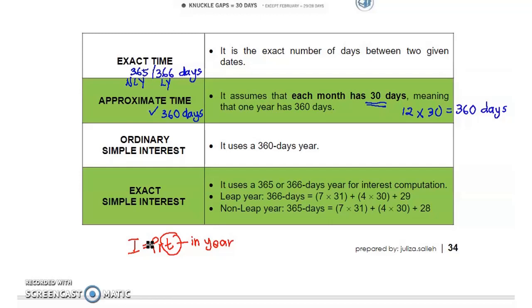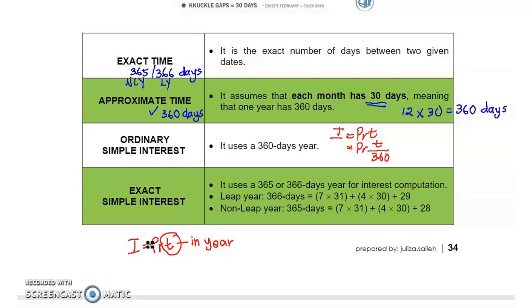Okay, ordinary simple interest, we use 360 days per year. So if you are asked to find ordinary simple interest, then value T, for example in I equals PRT, if you have number of days, T divided by 360.